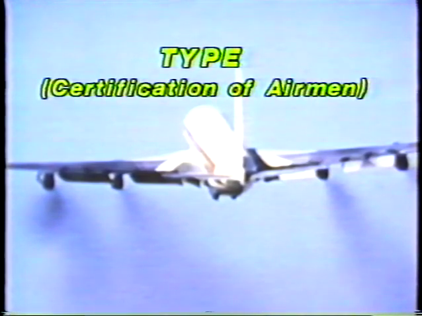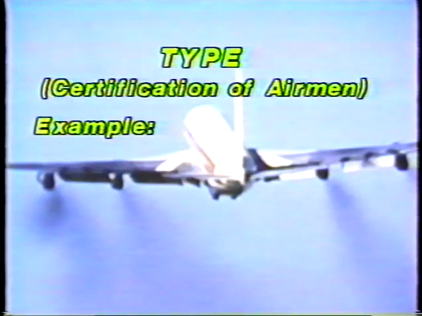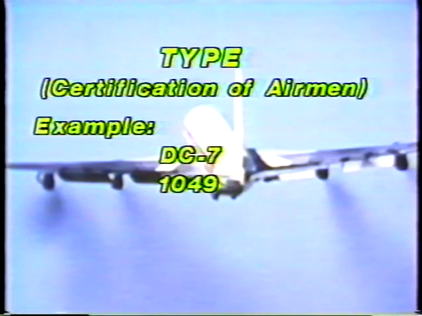The word type, as used in relation to certification, ratings, privileges, and limitations of airmen, means a specific make and model of aircraft, including modifications that do not change its handling or flight characteristics, and is often misused or misunderstood. Examples include DC-7, 1049, and F-27.